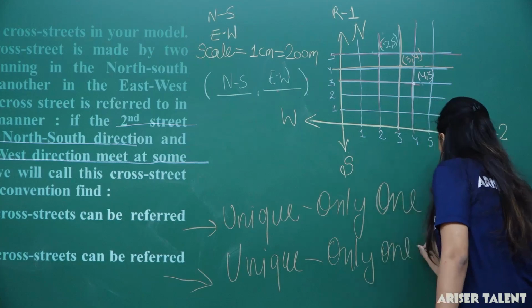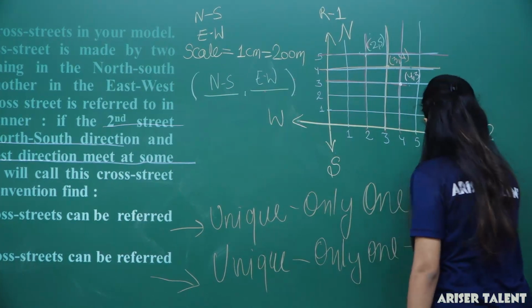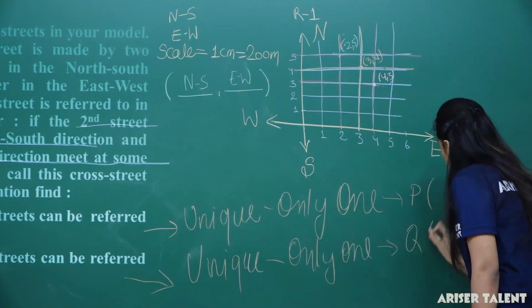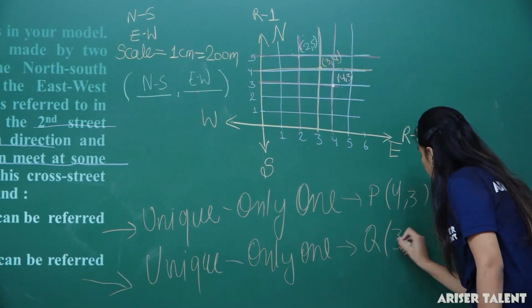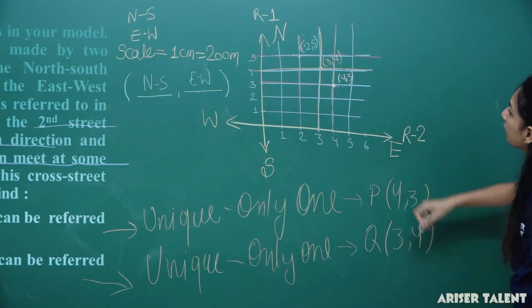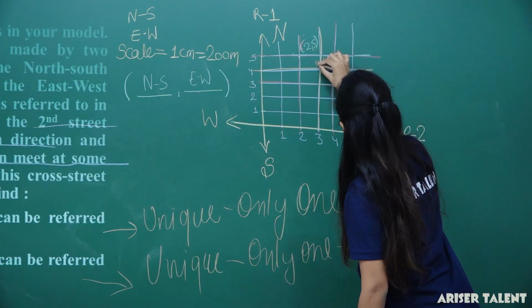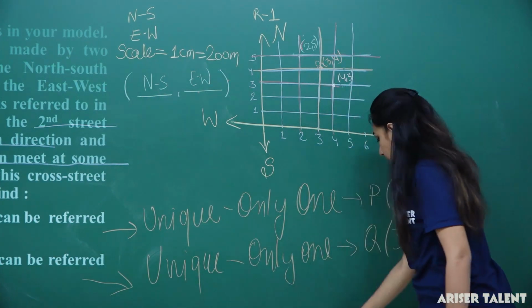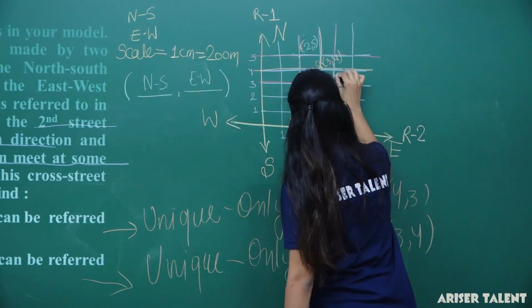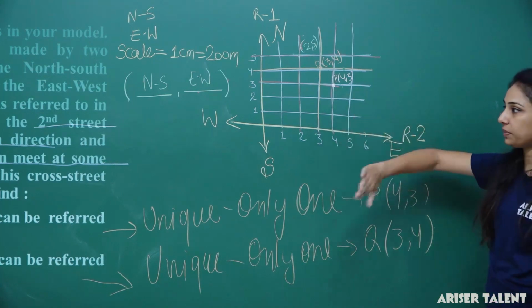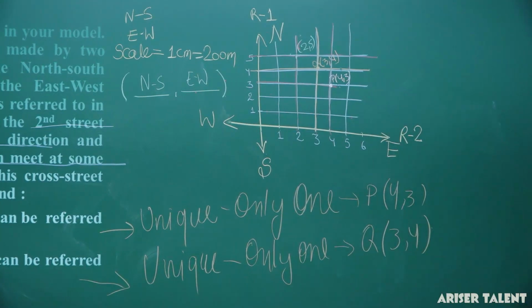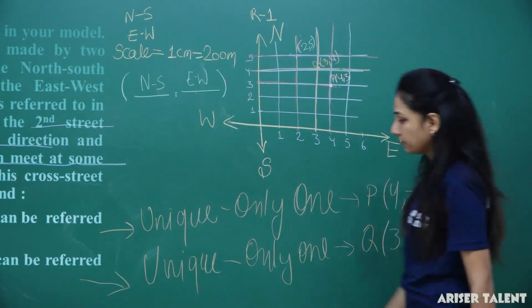And you can give points also here, P and Q. This P is 4, 3 and this Q is 3, 4. So this is your Q and this is your P. This is your solution for this question. Note this, students.